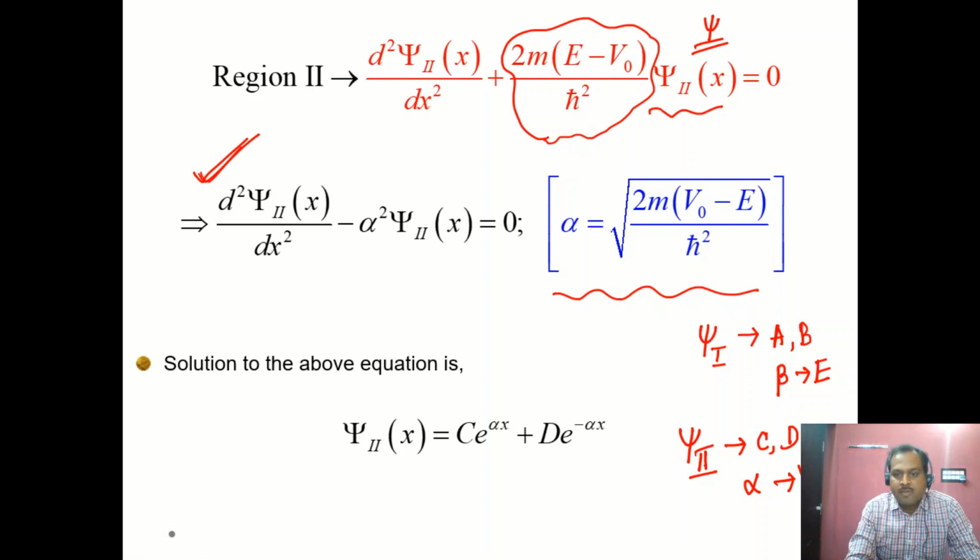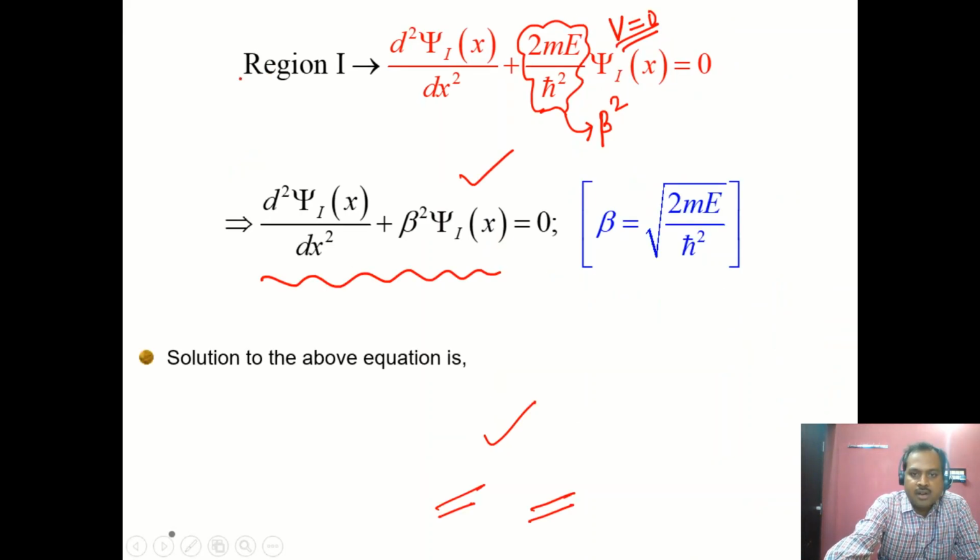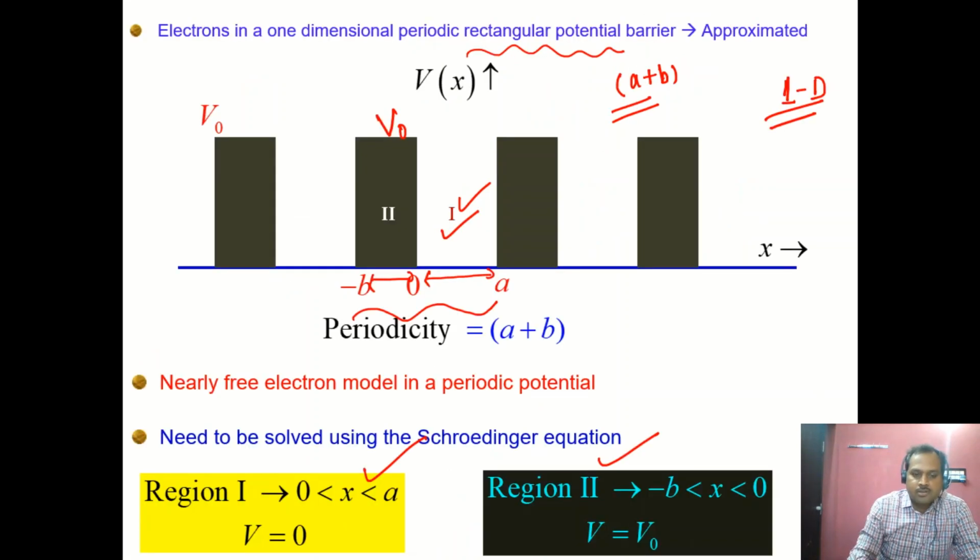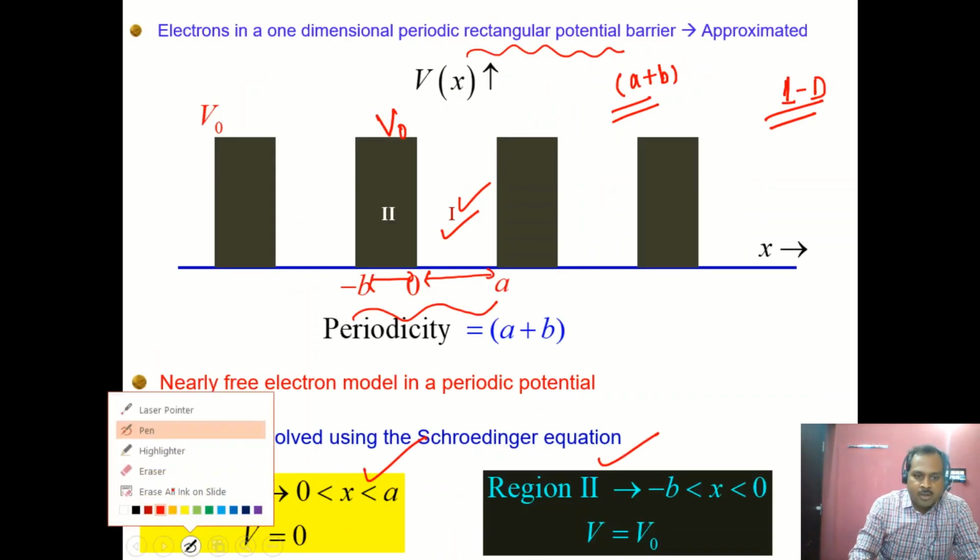Now we are having four unknown coefficients a, b, c and d, and the unknown coefficients can be evaluated by applying the boundary conditions. Now let us go back once again to the diagram here. So let me erase the ink here.